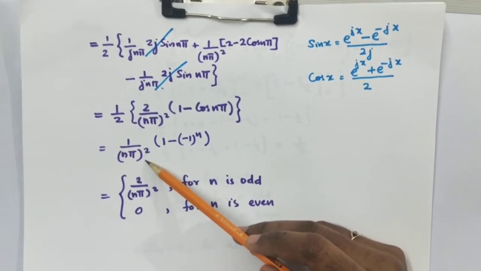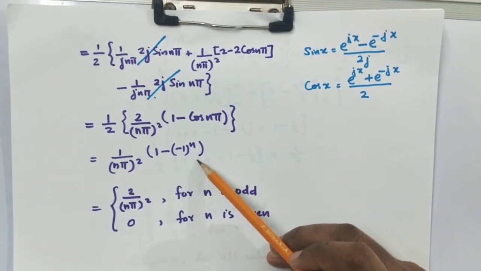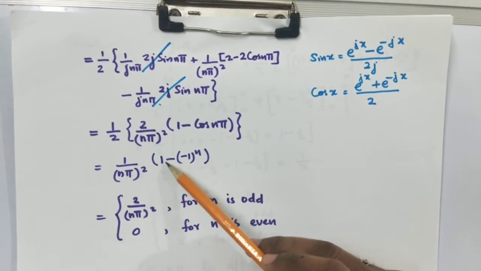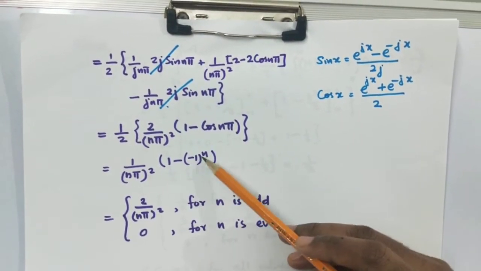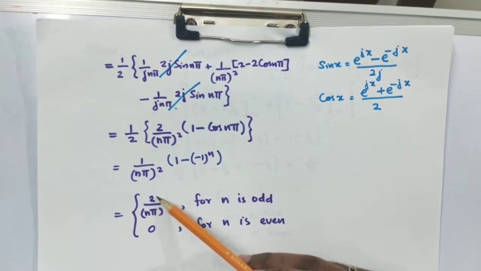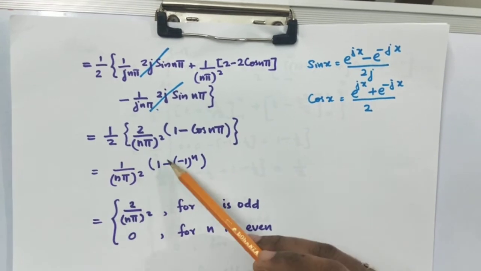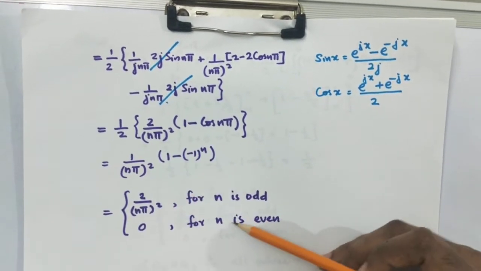So 1 by nπ the whole square into 1 minus minus 1 all raised to n, and that is equal to 1 minus... so here for n odd we will be getting this as 2. So 2 by nπ the whole square for n odd, and this will be 0 for n even.